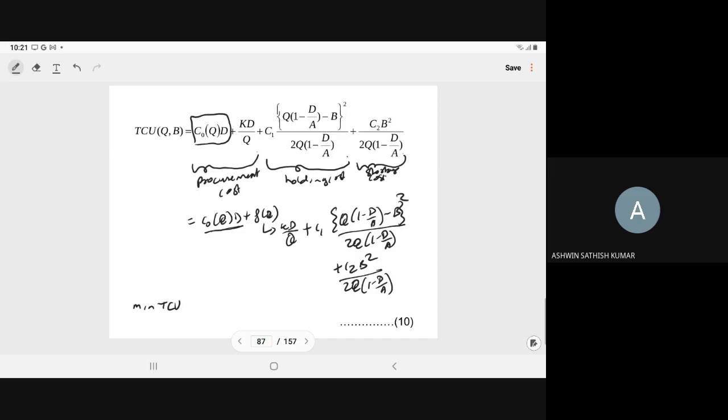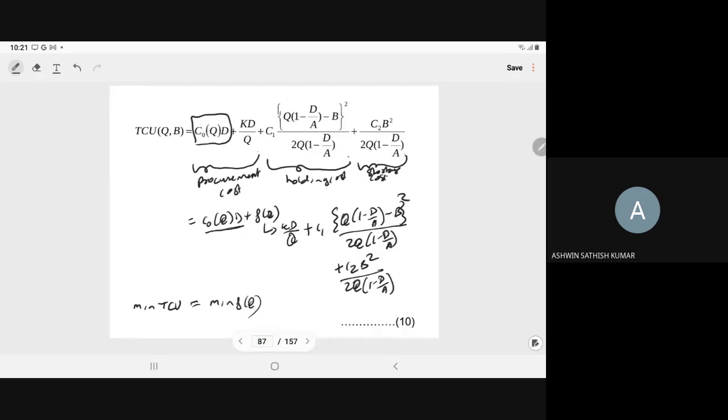So it is a constant. It means TCU is minimum when we have the minimum FQ.